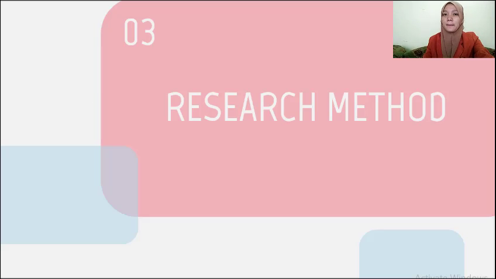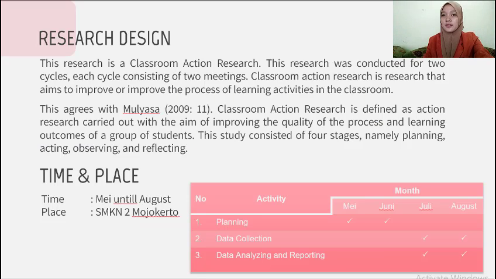Next, research method. Research design. This research is classroom action research. This research was conducted for 2 cycles, each cycle consisting of 2 meetings. Classroom action research is research that aims to improve the process of learning activities in the classroom.